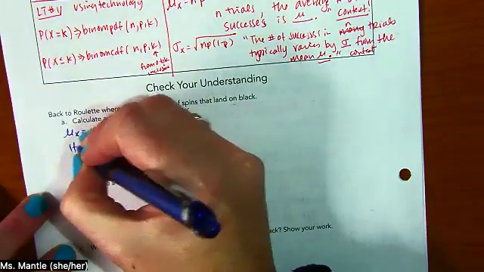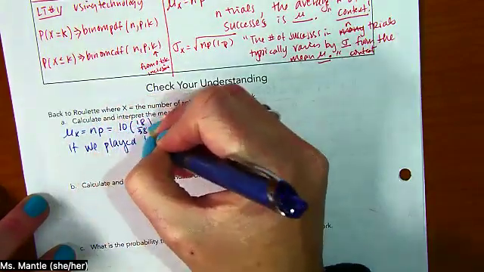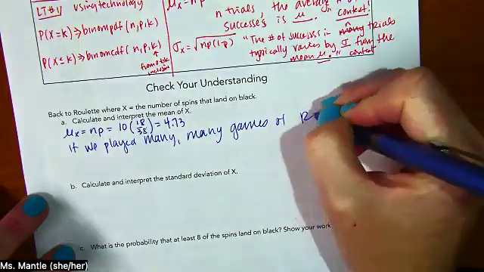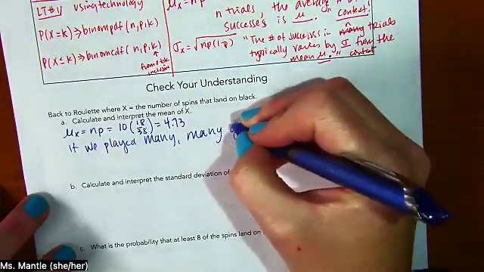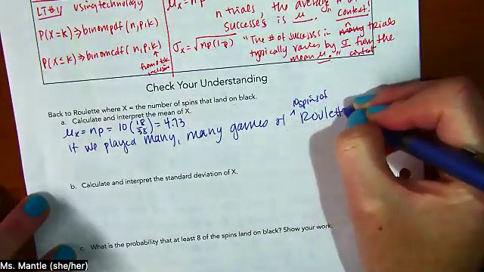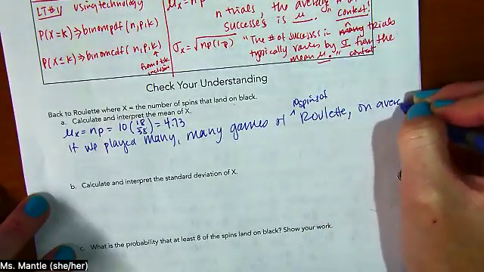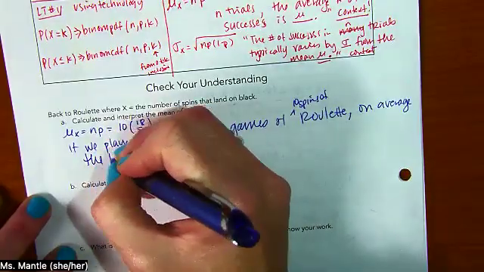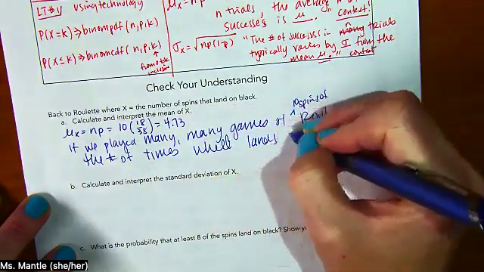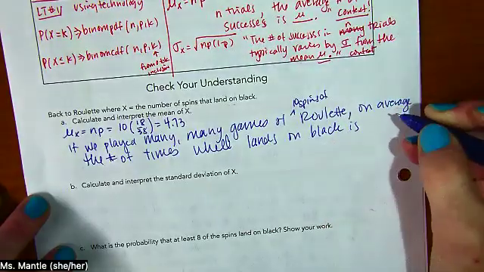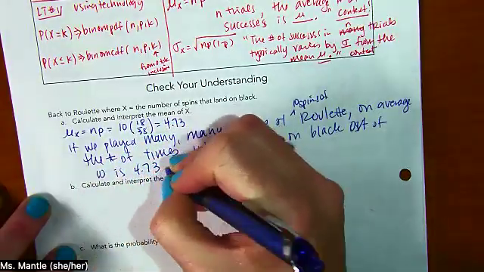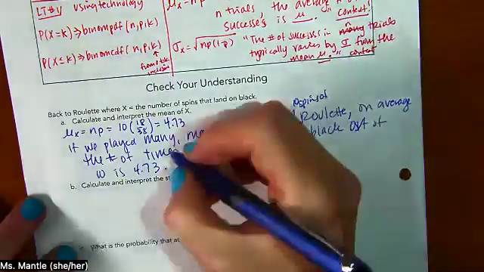And so then we say, if we played many, many games of 10 spins of roulette, on average, the number of times the wheel lands on black out of 10 is 4.73 spins.